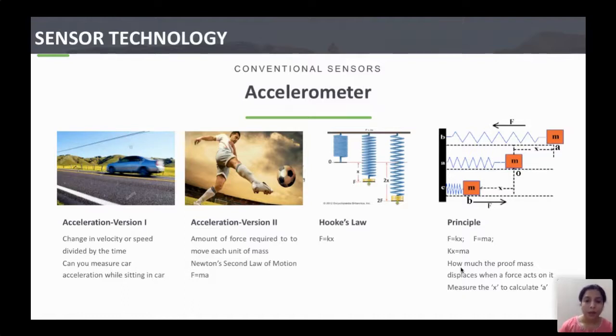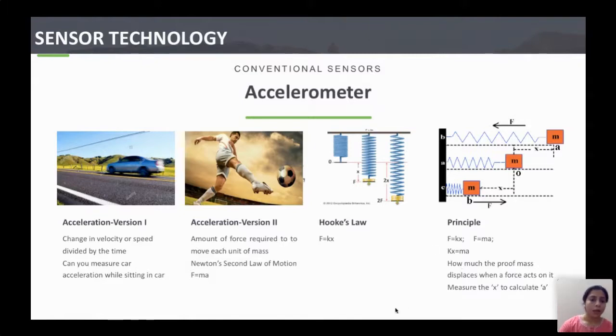Be it measuring the acceleration due to gravity experienced by a spacecraft, or measuring the speed of a car using your smartphone which is in your hand. It has its application in robotics, construction industry, aerospace, gaming, and the list is long. Even the inflating of the airbags in your car is happening because of accelerometers.